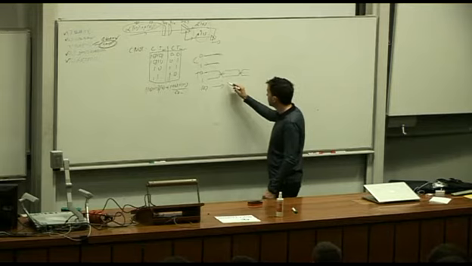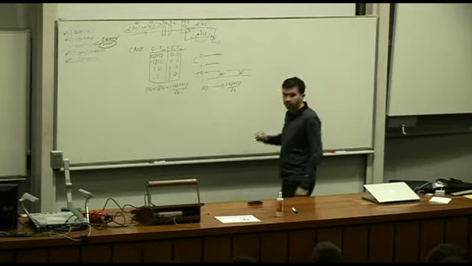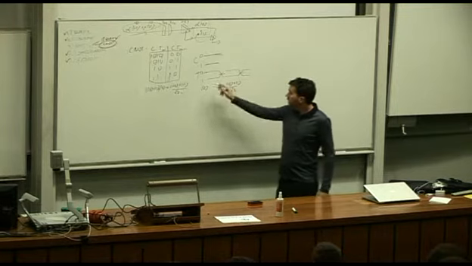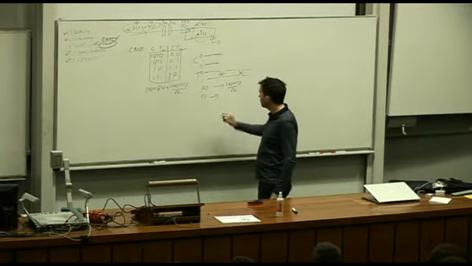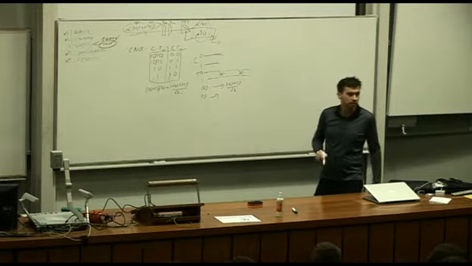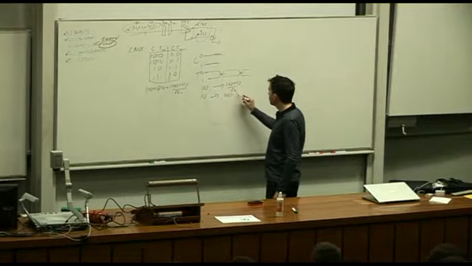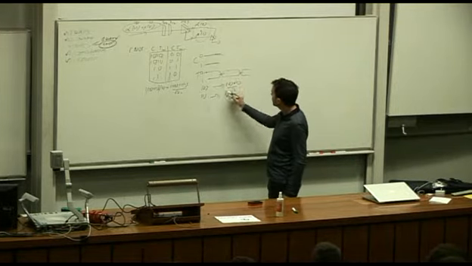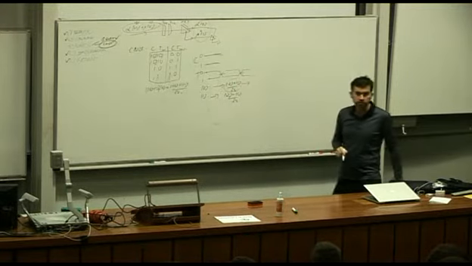Plus. Okay. And if I send a single photon in here, which is the logical 1 state, what's the state after the beam split? Okay, and then what happens to this state at this second beam split? Goes back to 0.